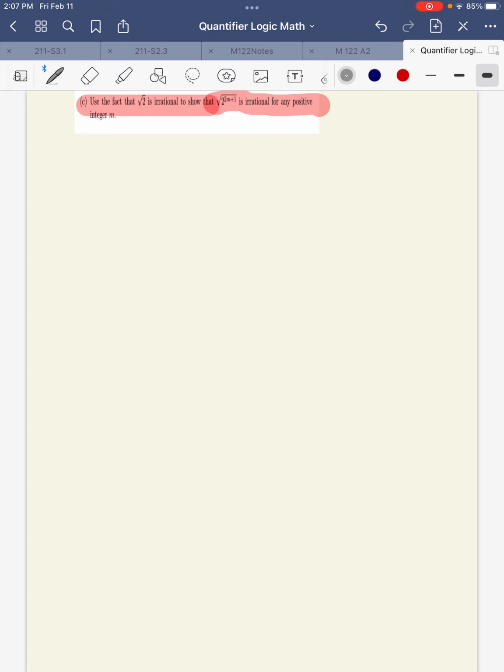So we know that root 2 is irrational, and we usually prove this by contradiction. So we'll say let the square root of 2 to the power 2m plus 1 be rational, and we will prove this by contradiction.